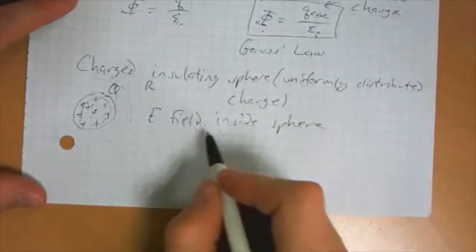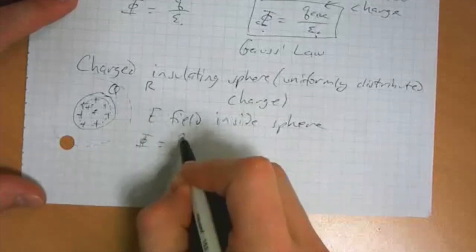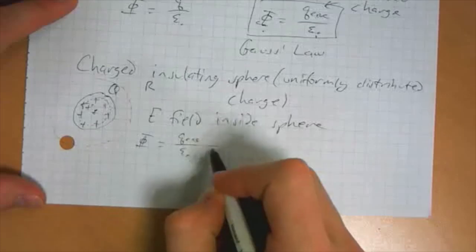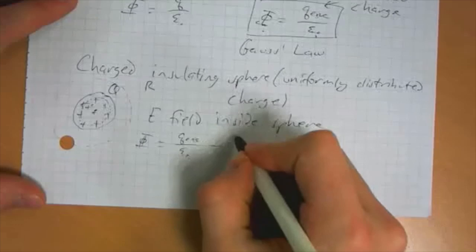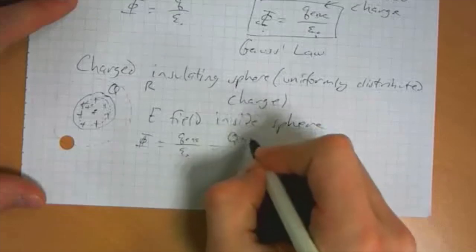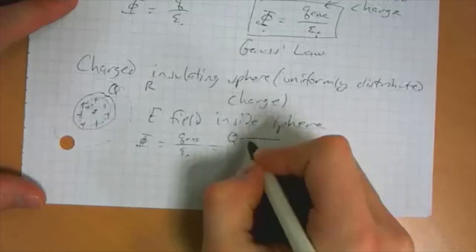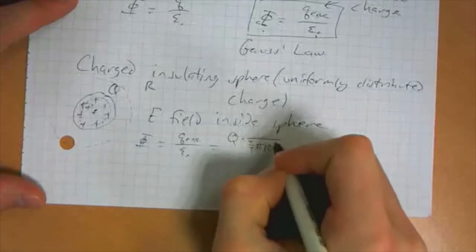So our flux through our Gaussian surface is equal to Q enclosed over epsilon naught, right? Well, this Q enclosed is some fraction of the big Q. The total of the big Q would be in a volume of 4/3 pi big R cubed.